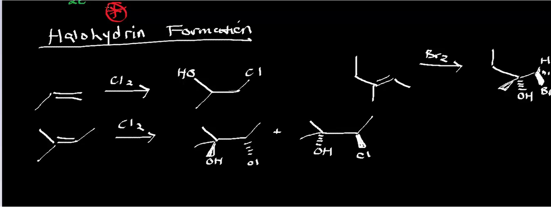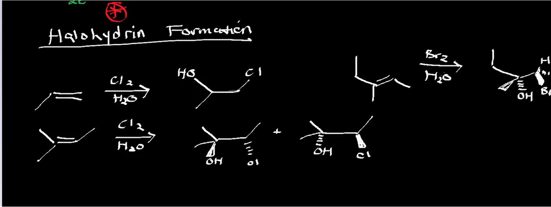This reaction, at least mechanistically, is almost identical to what we saw in the last video, which was simple straight halogenation. In fact, it's going to involve a lot of the same intermediates, but there's a big difference. If we were just doing simple halogenation right here, you would just see chlorine. But if we want to form a halohydrin, we also need to put water as one of the reagents that we're going to use to do this.